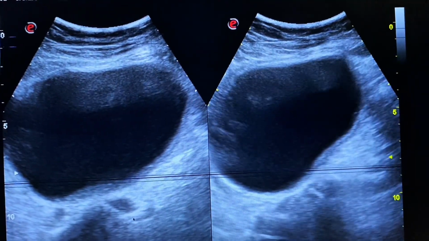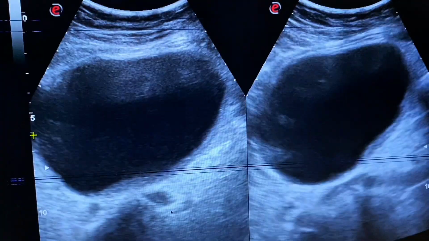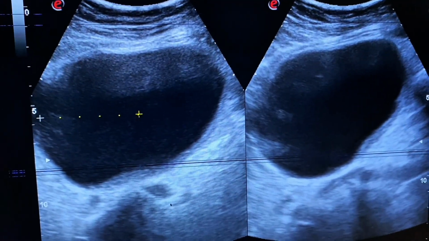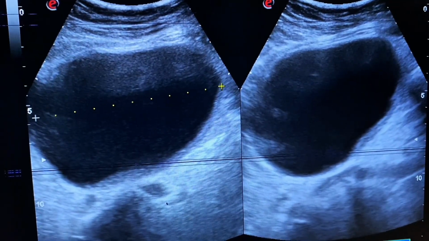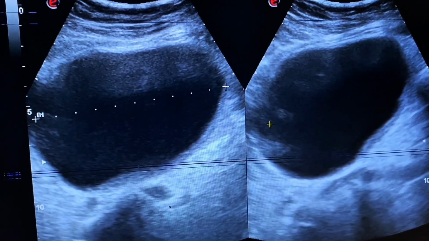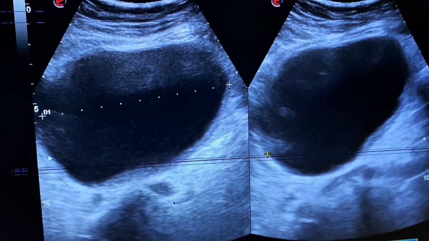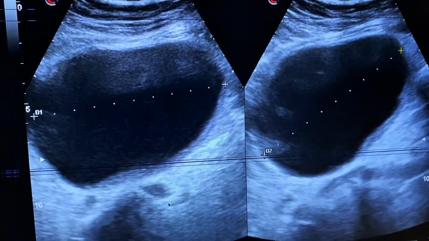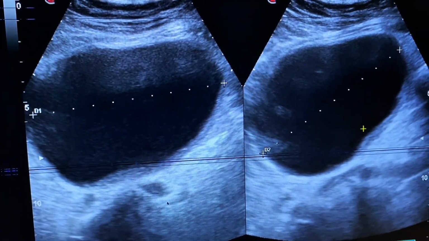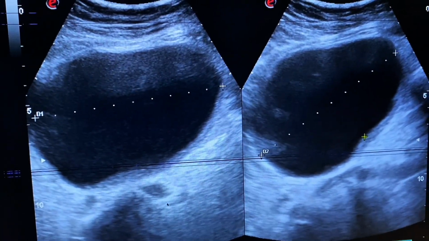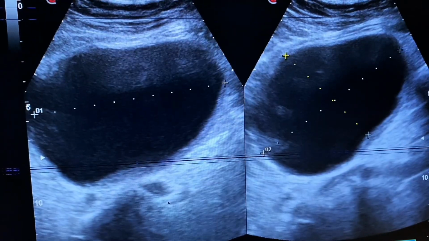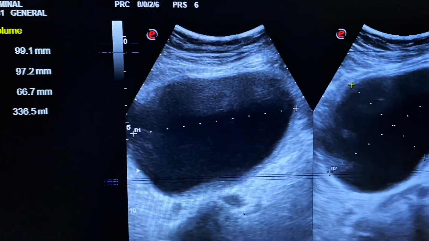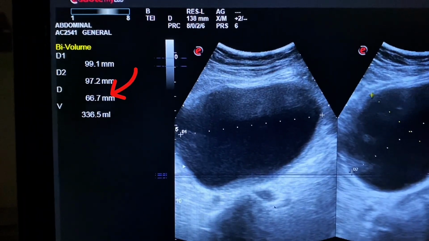Now we will measure the volume of this cyst. The volume of this cyst is 336 milliliter.